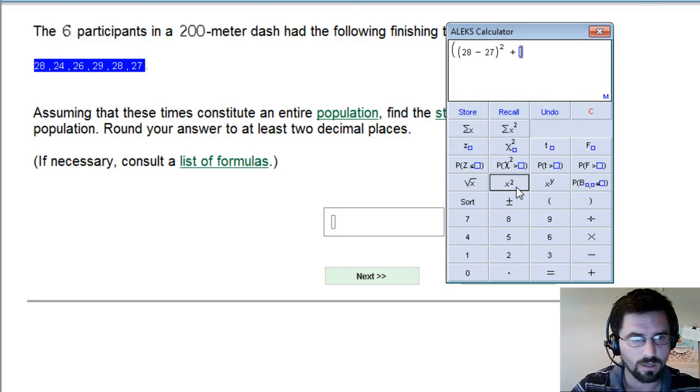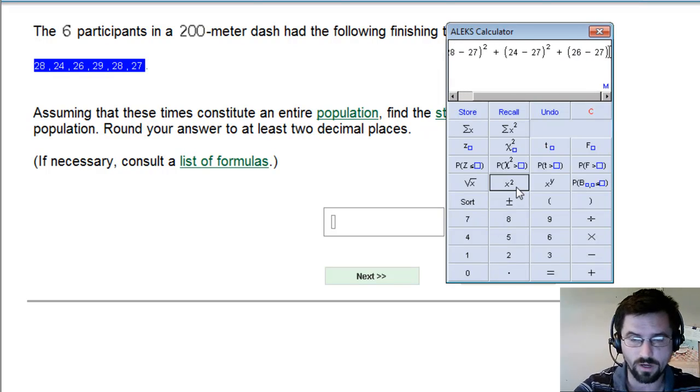Plus parentheses 24 minus 27, and you know that's negative 3. So if you just want to type in negative 3 and square it, plus, what's the next one? 26 minus 27, you know that's negative 1, and if you want to square it in your head, you can just do that. It's actually easier to do this on paper, but I'm going to do it here.